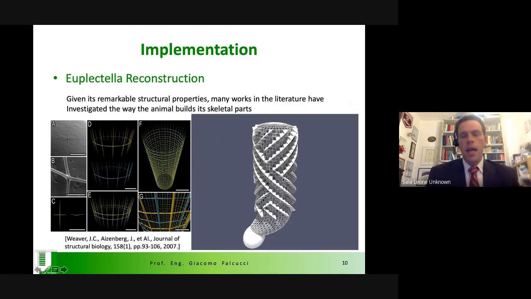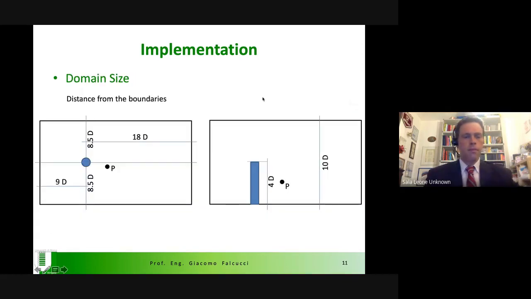Of course, other directions are possible, and maybe there will also be interaction with other sponges around. We plan to study this, but we need several more computational resources with a PRACE grant, so we considered just a preferential direction, which is the one given by this curvature. Okay, thank you. You're very welcome.